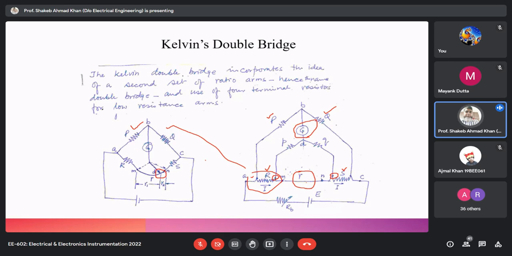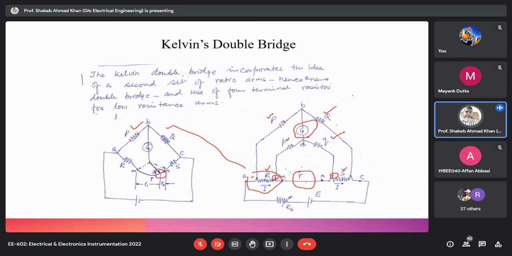Instead of finding the D, we take another set of physical, real resistances, small p and q, and the junction of these small p and q is point D to which your galvanometer is connected, and the other terminals of p and q are connected to another potential terminal available with R and S. So this is how this implementation is done.